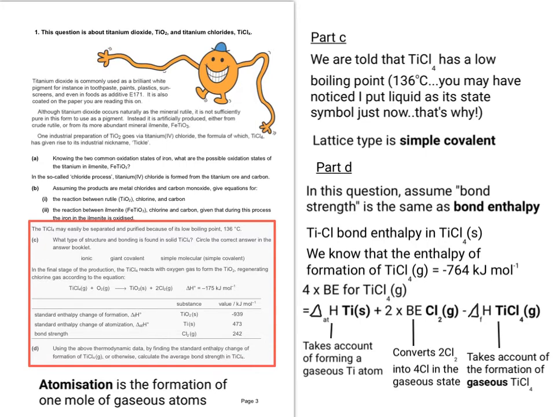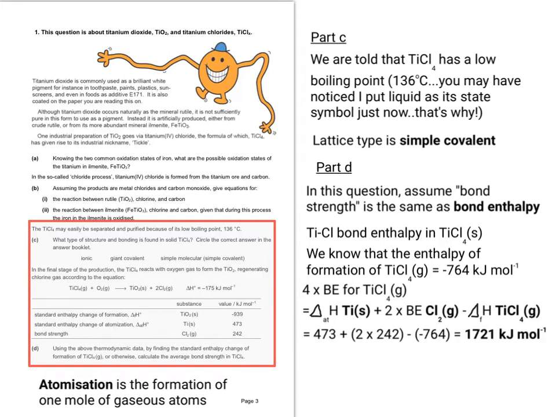And delta FH of TiCl4 is the formation of the gaseous TiCl4 as opposed to the solid TiCl4. So that gives us 1,721 kilojoules per mole to the minus 1. So the average titanium-chlorine bond enthalpy, or bond strength as they call it, is 430 kilojoules per mole.